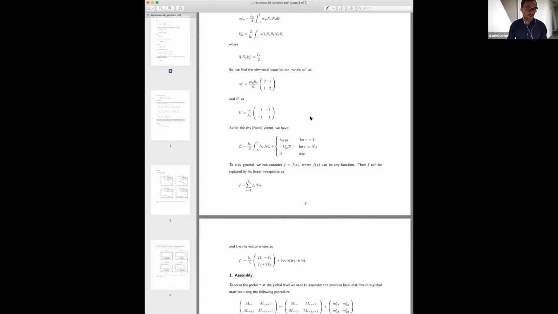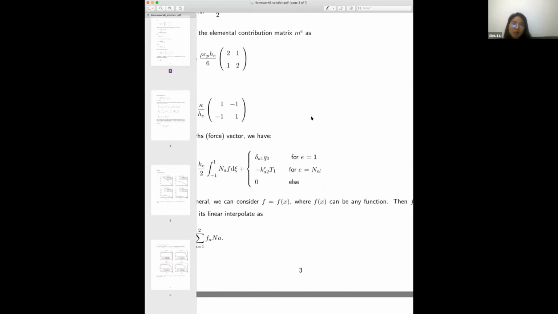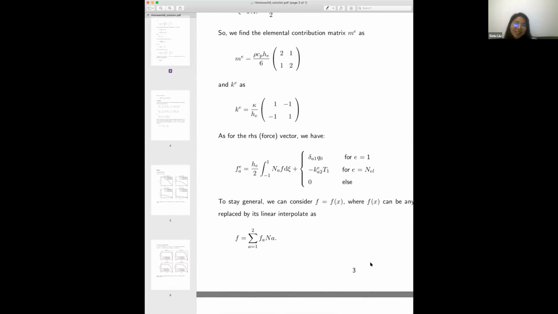And if you look at the PDF, it's pretty similar to homework 5. But you see this part here. This means it's a Kronecker delta function, which is only one for the point A1. So it's only one for a single node.